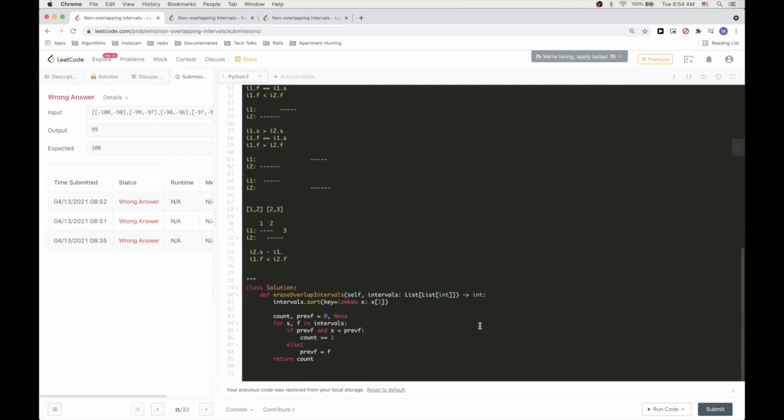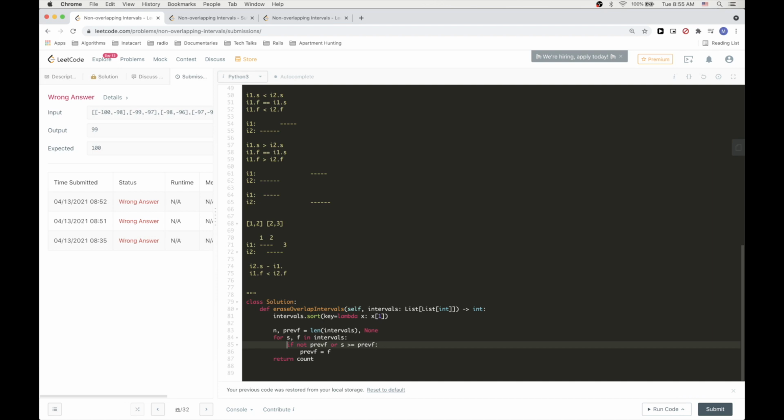Okay, so let's actually, yeah, this count thing is a little bit ugly. So let's just first do it like this, count the non-overlapping ones. That way we can just check if not pref or s is bigger or equal to the previous finish time, then we could do that.